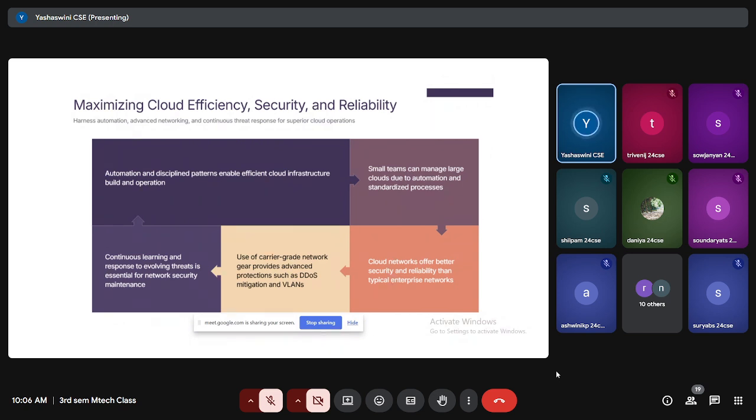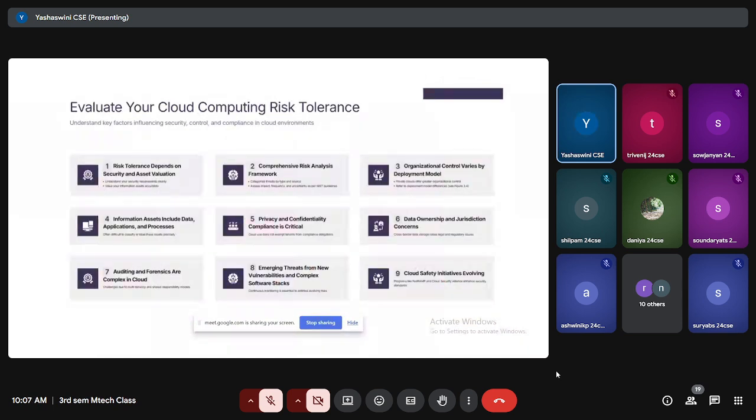Cloud efficiency, in simpler terms. In order to maximize the cloud efficiency, we have to ensure the security protocols and reliability are there. Only then will more users be interested in using the cloud services. So how to evaluate our cloud resources?